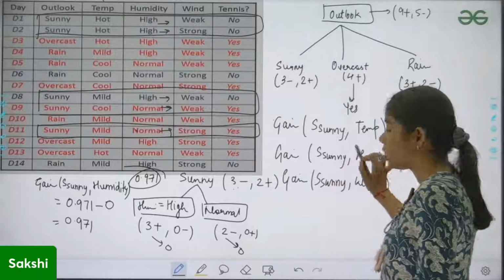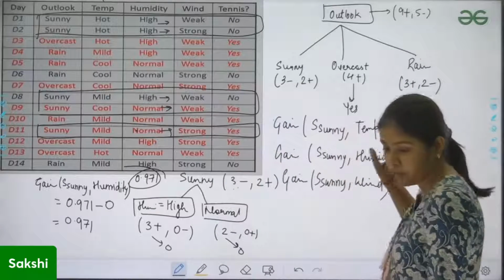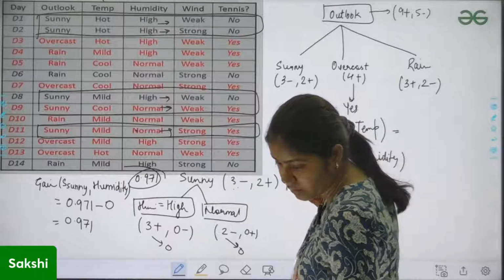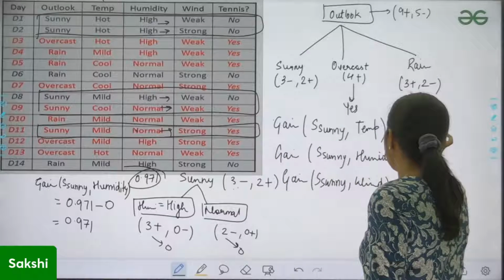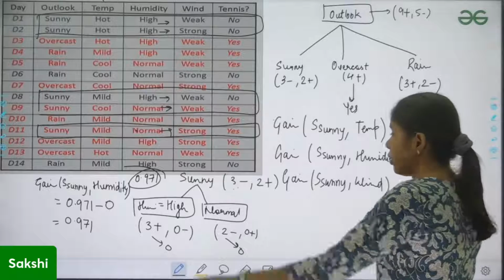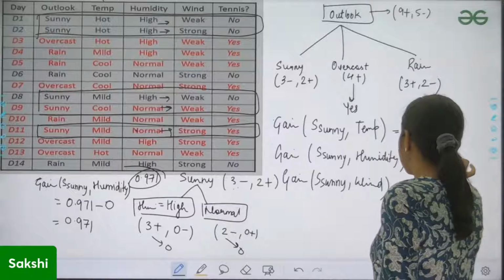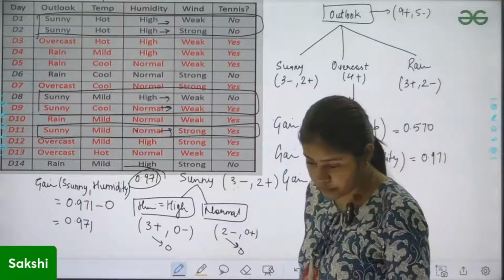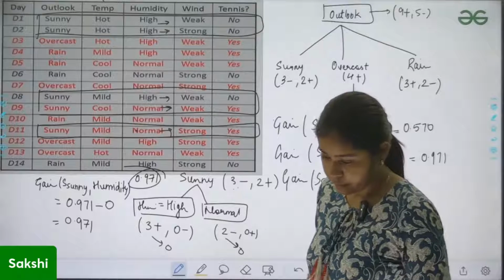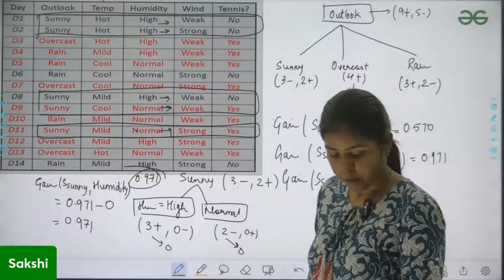In this case, for sunny, if I'm taking temperature into consideration, I got 0.570 as the information gain. Humidity I already found out, that is 0.971, and for wind we have 0.019.